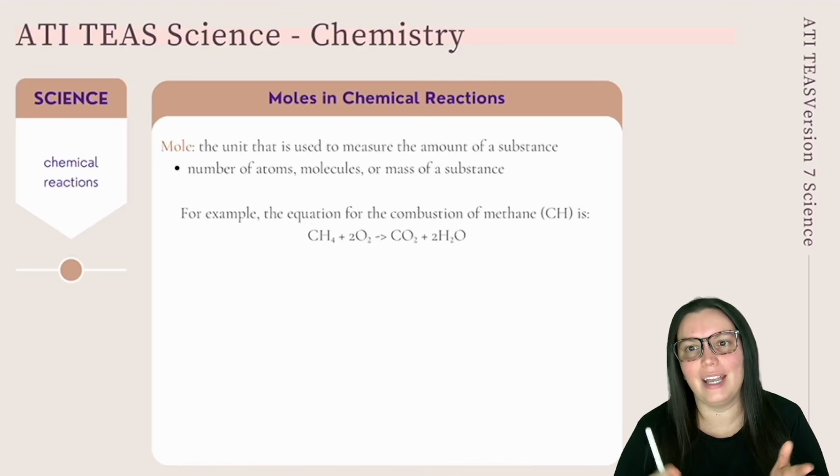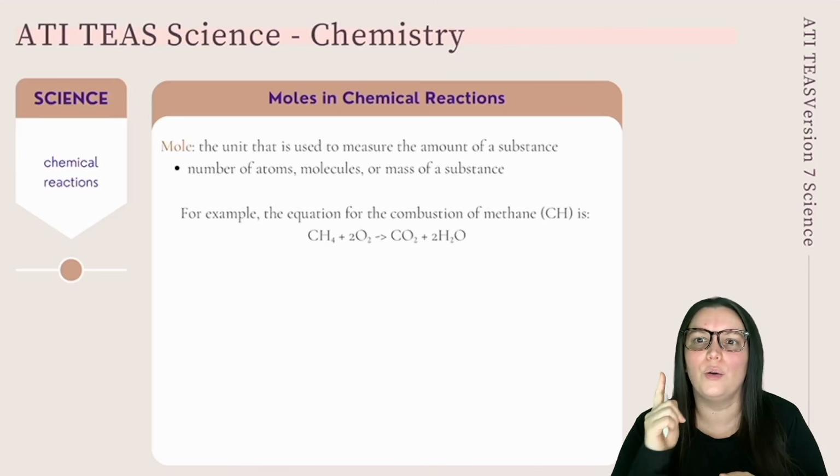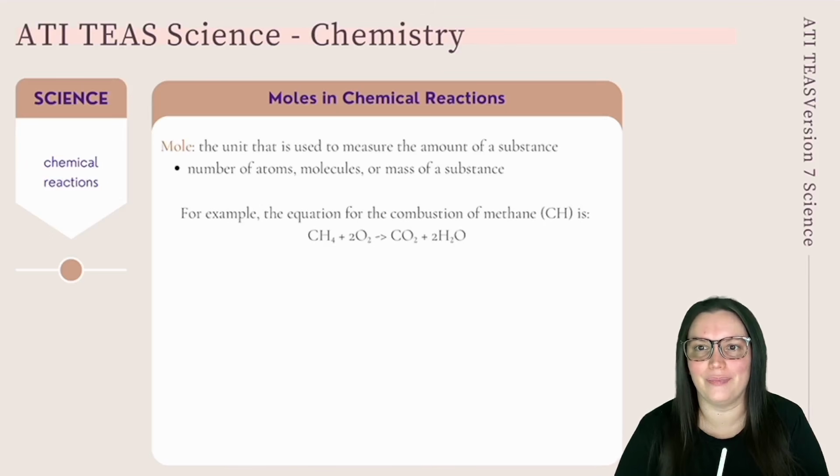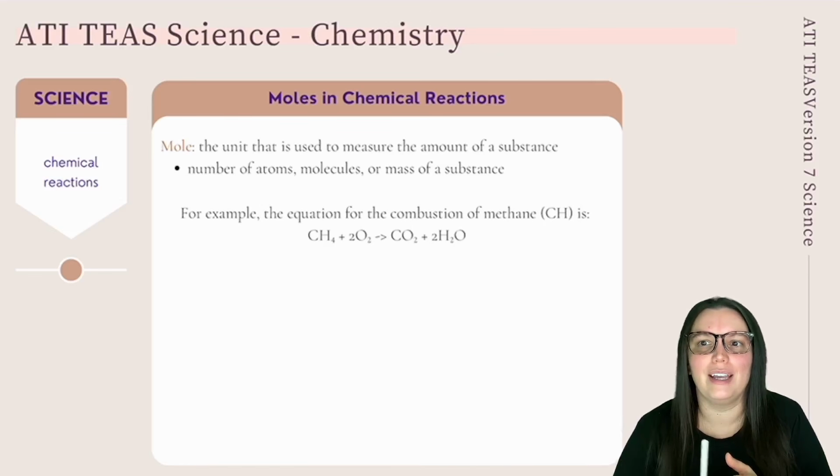For example, let's say we want to know how many moles of oxygen we need in order to react 1 molecule of methane. You can see our equation down here for the combustion of methane: CH4 plus O2 yields CO2 plus H2O.